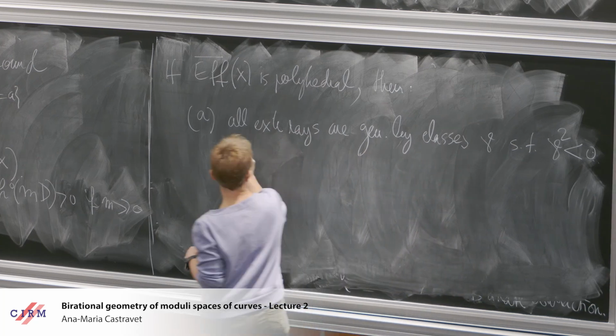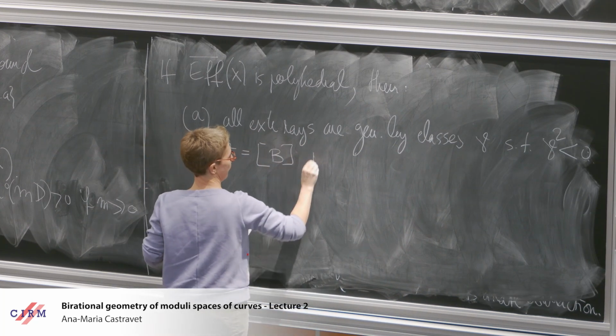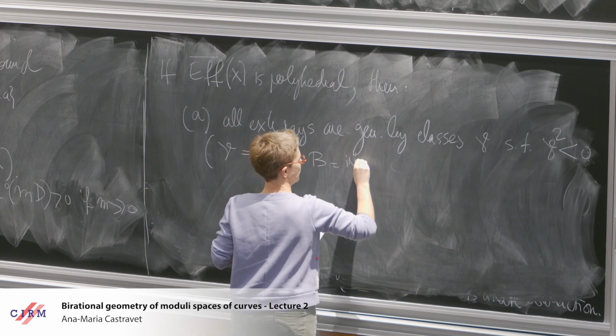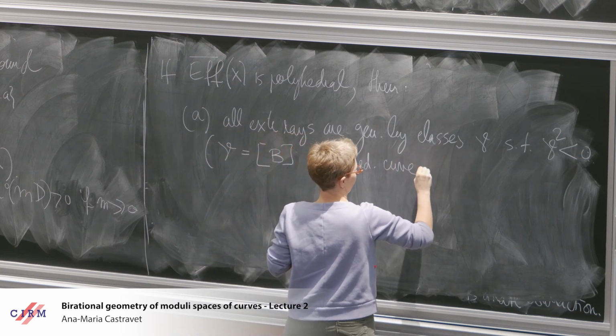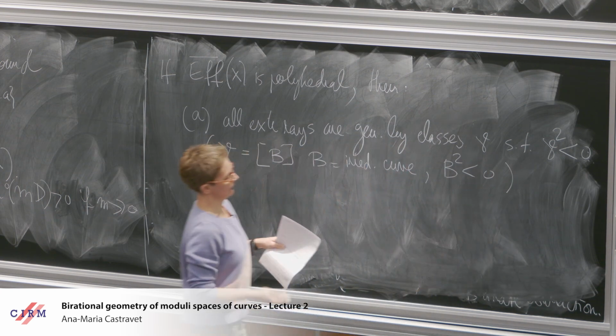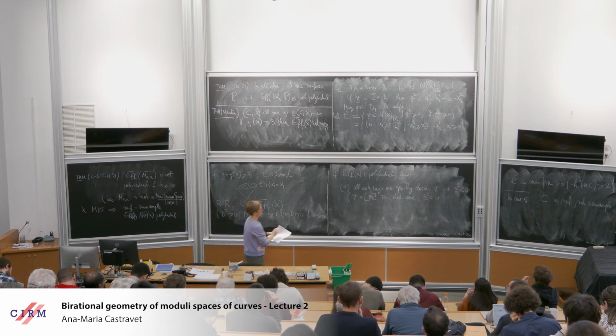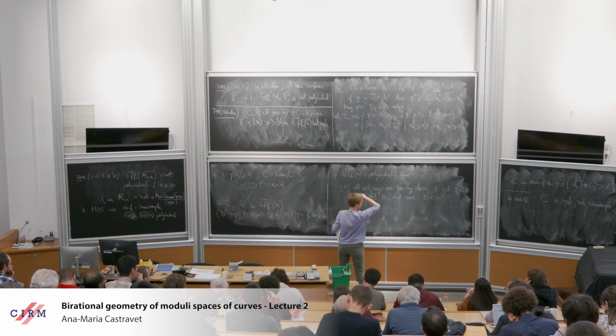Then you can prove that this has to be the class of an irreducible curve. And notice that if this is a polyhedral cone, that means every curve will have a multiple which is an effective combination of these negative curves.